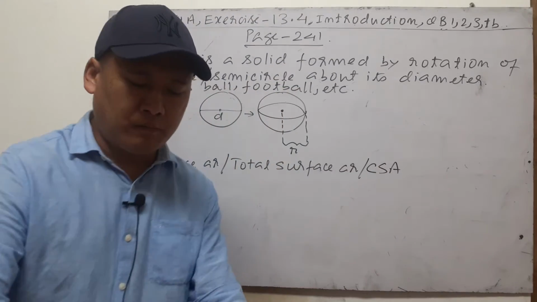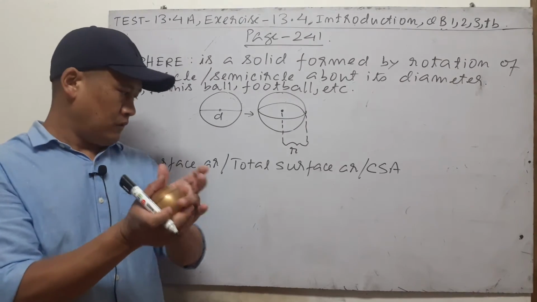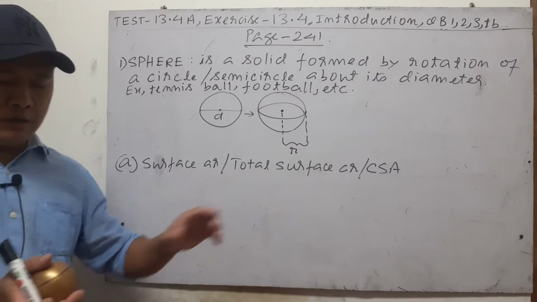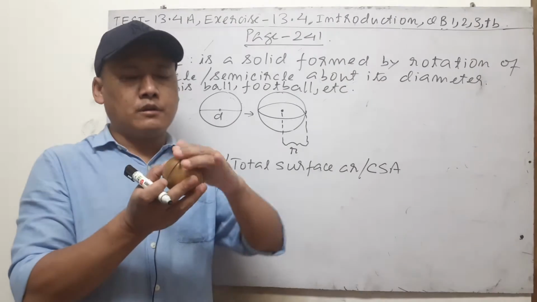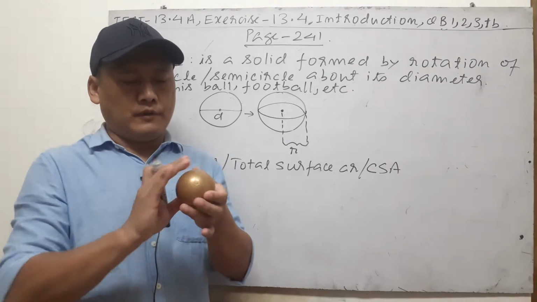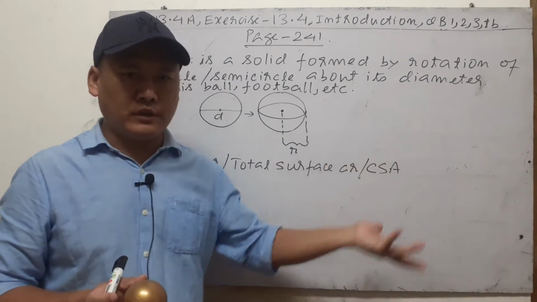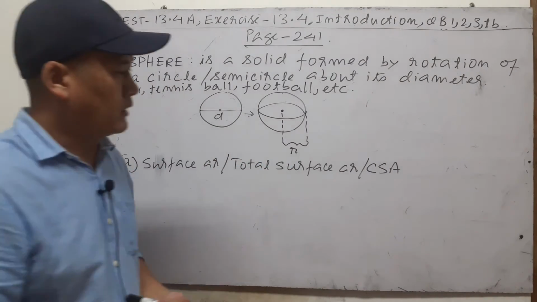Why? Because surface area means the whole thing on the surface. So we can also call it total surface area or surface area, meaning the same thing. And we also notice interestingly that everywhere on the surface of a sphere is curved. So curved surface area is actually total surface area because the total surface is curved, right?